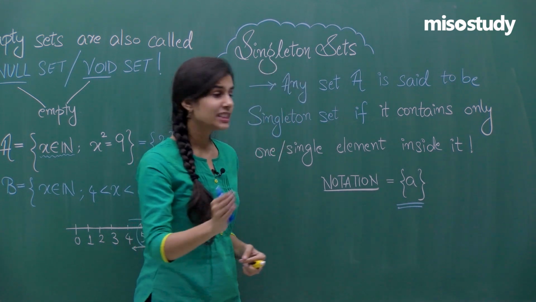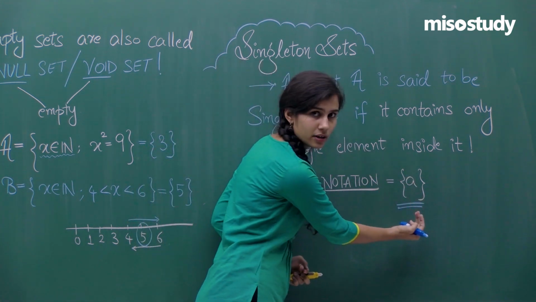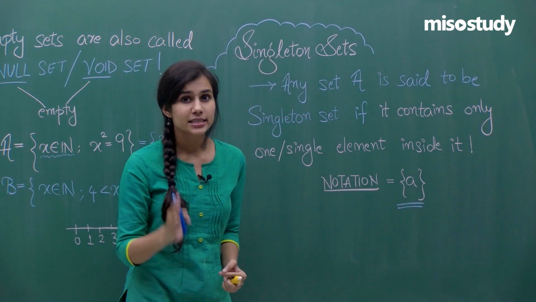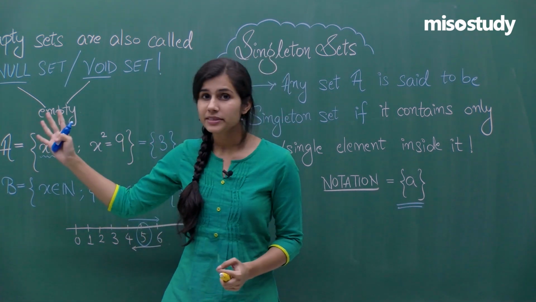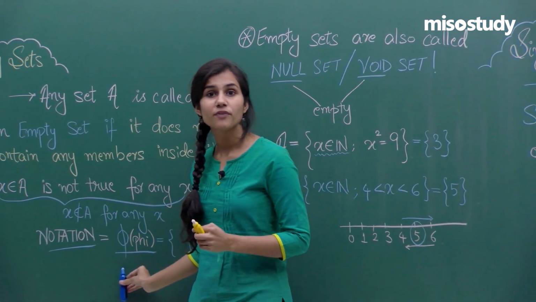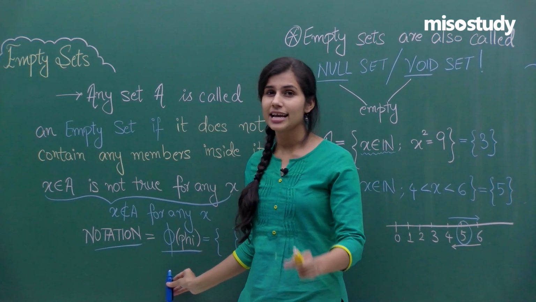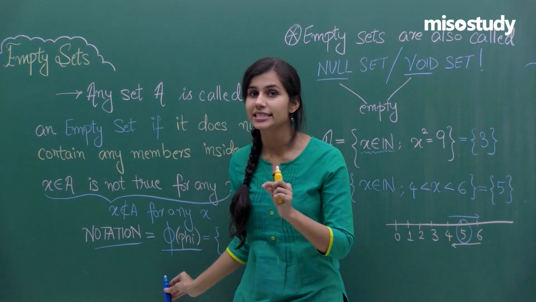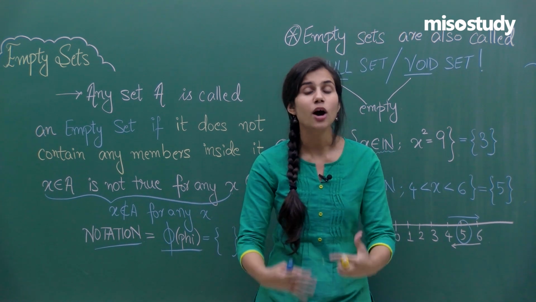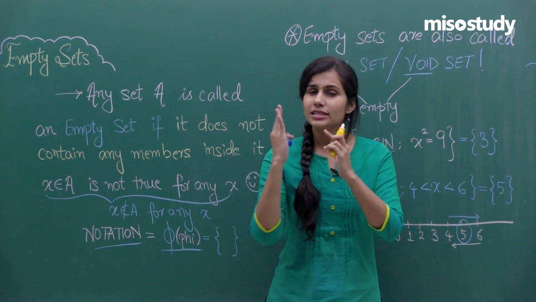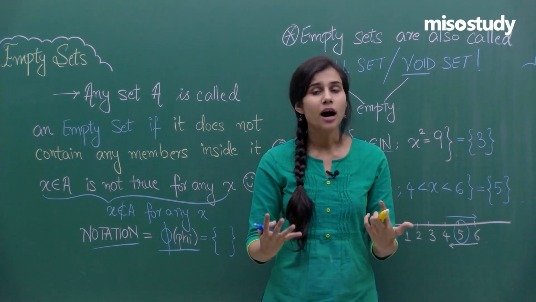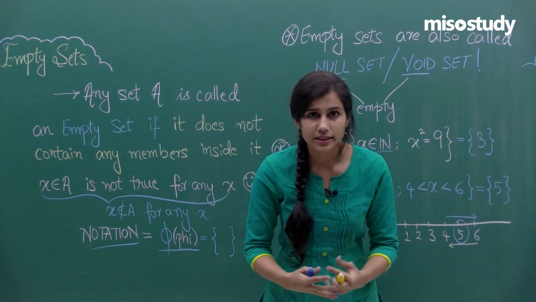By looking at the very picture of this symbol, you have to declare that it is a Singleton set. In a similar way, if I go back to my empty set definition, the moment you look at the symbol phi, you have to declare that this is an empty set. That is why these symbols are formed to make our work easy, so that just by looking at the symbols, the very nature of the set is in our minds and we are ready to work with them.